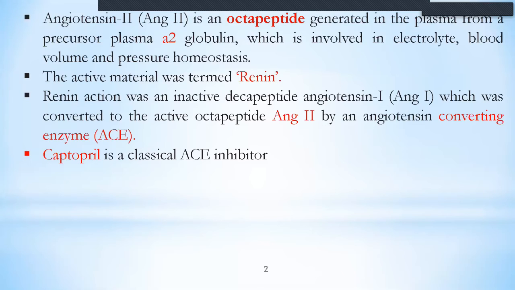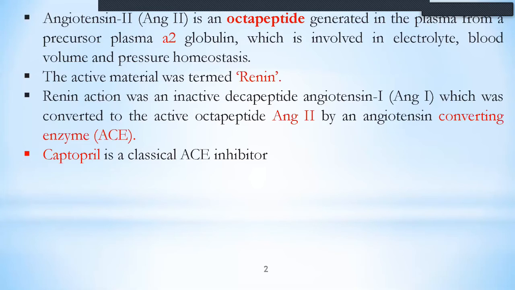Many drugs which inhibit ACE can be used very effectively in blood pressure, and captopril is the classical ACE inhibitor. So you can remember captopril as one of the important angiotensin converting enzyme inhibitors.